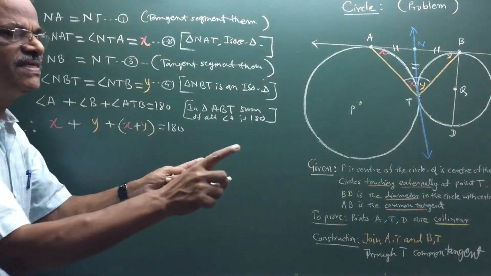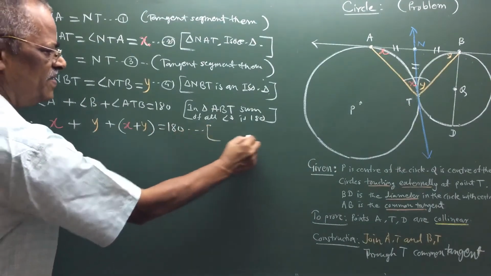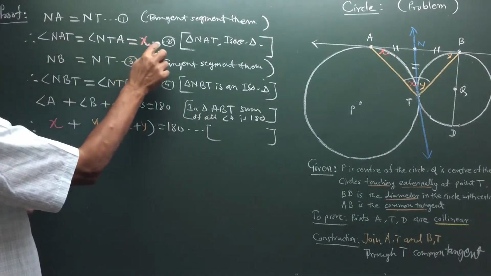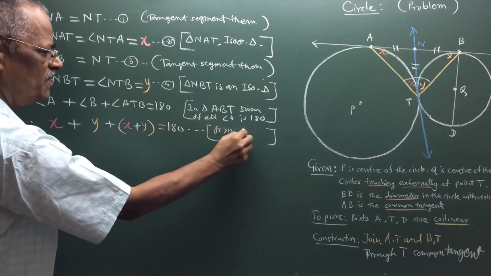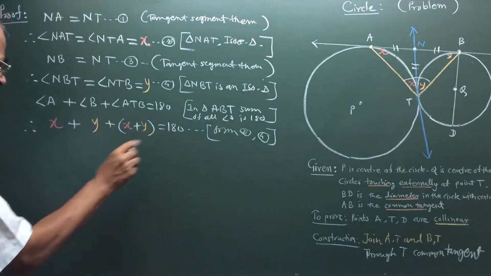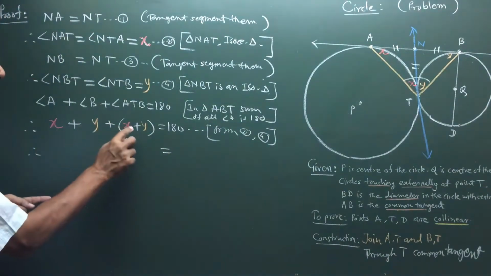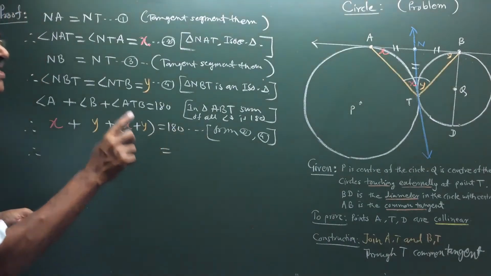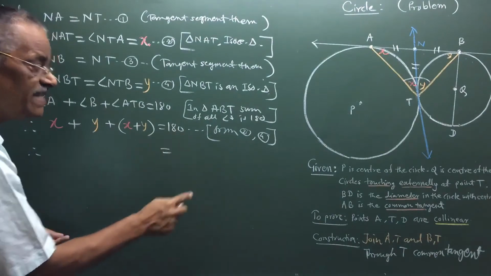By substituting values, if we calculate further, we get 2x plus 2y is equal to 180.